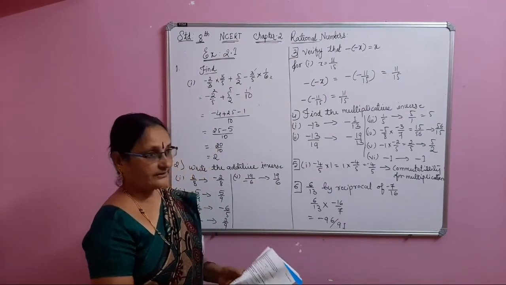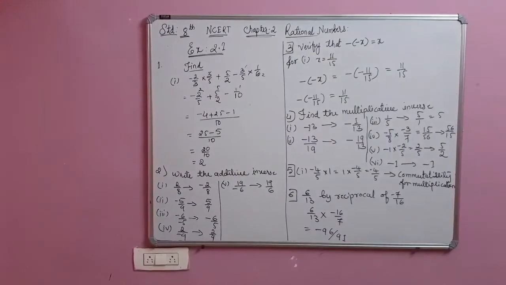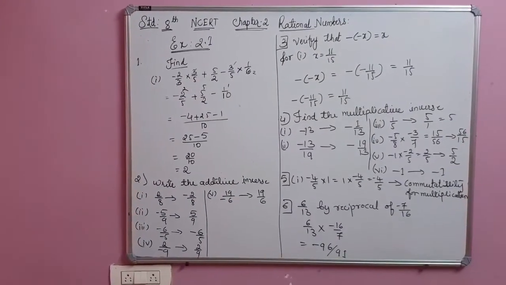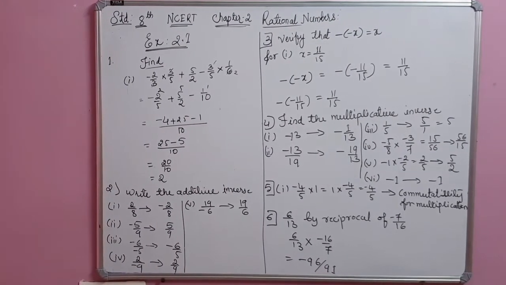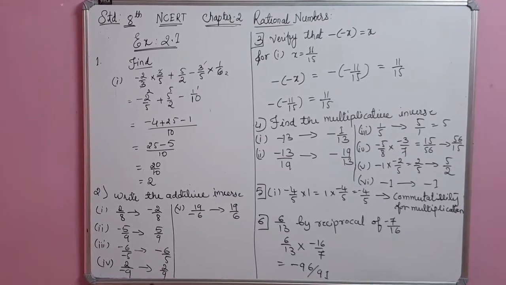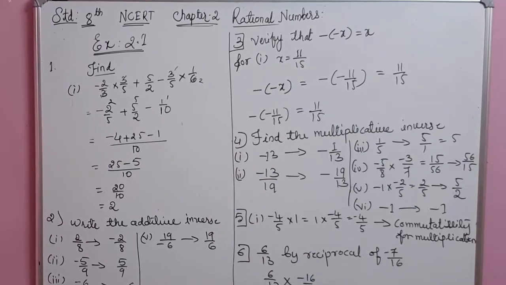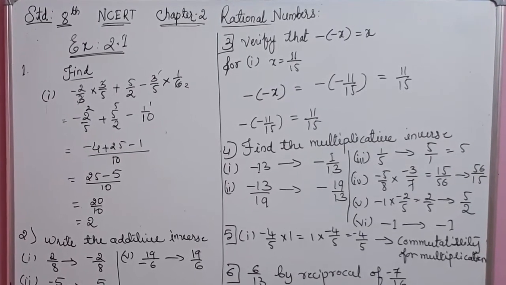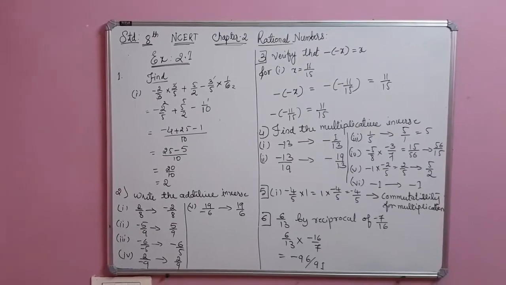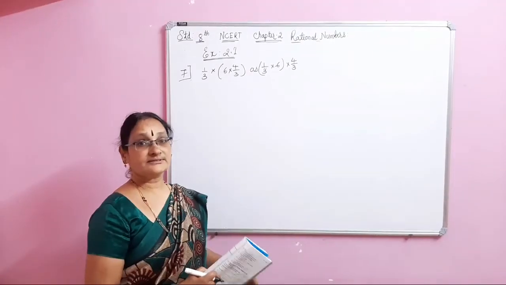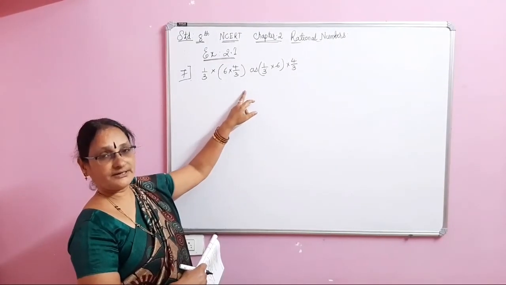Then seventh main, if you want you can copy this. Okay, seventh one. See, this is the seventh problem. You have to say the property. What property?